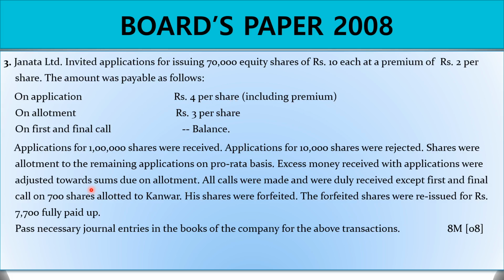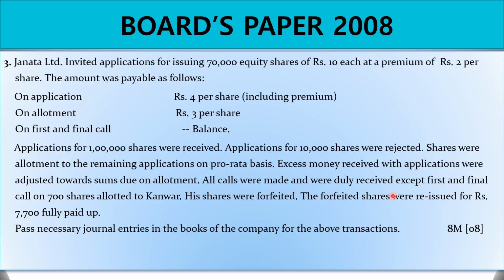Now that 20,000 is adjusted toward allotment. So the second condition is also satisfied. Number 1, oversubscription. Second condition, adjusted to the allotment. Now the third condition: if any shareholder fails to pay their amount from allotment, at that time the real calculation of calls in arrear on the basis of pro rata we have to do.